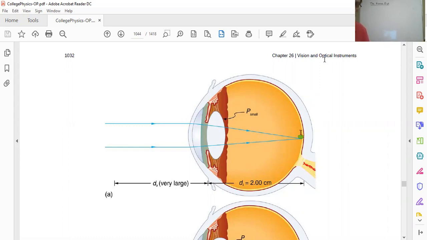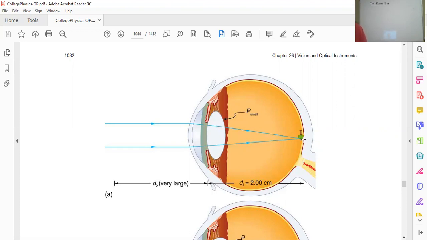This white body here is what the lens looks like when you're looking at distant objects. Again, parallel light is coming in, and it focuses on the back of the eye, on the retina, as it should in a perfect eye. Somebody has 20/20 vision. That's how your eye works.